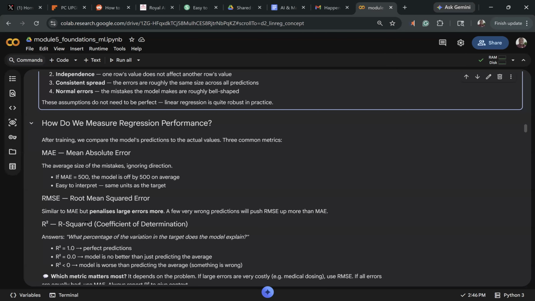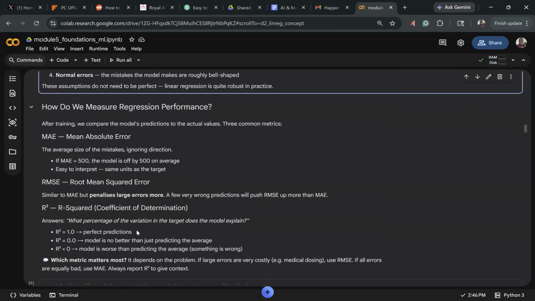So, R squared, the coefficient of determination. This answers what percentage of the variation in the target the model explains. R squared is another way of evaluating our linear regression. It tells us if our model is good or not.